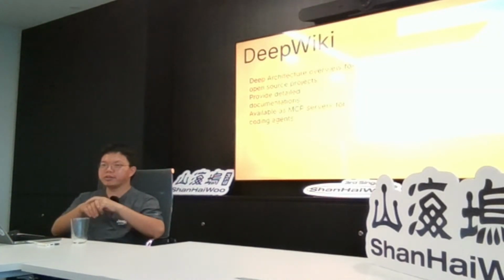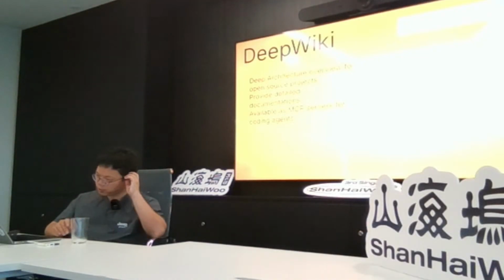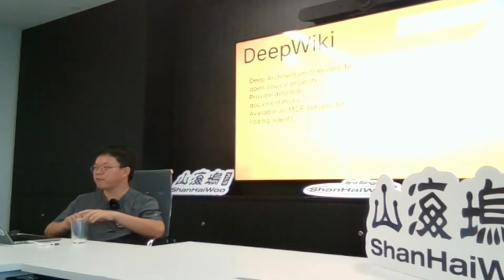But one of the main issues you will have when you are doing AI-assisted coding in a new or legacy code base is how to understand the structure and architecture of the code base. So one very important service is called DeepWiki. It is developed by Devin, an AI coding agent company.